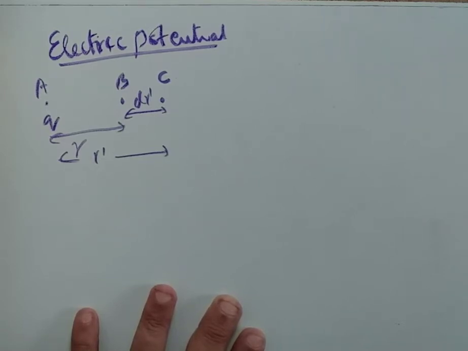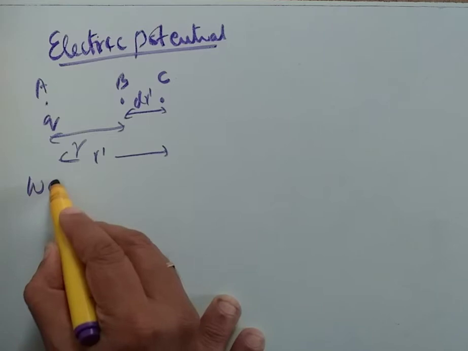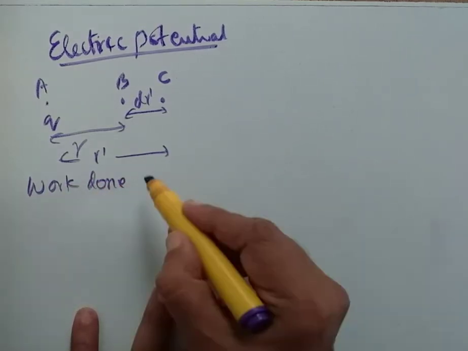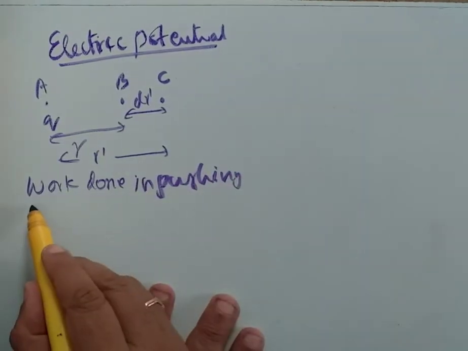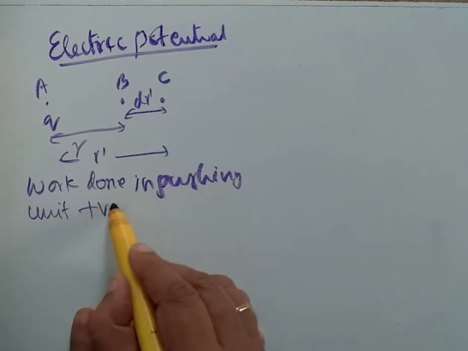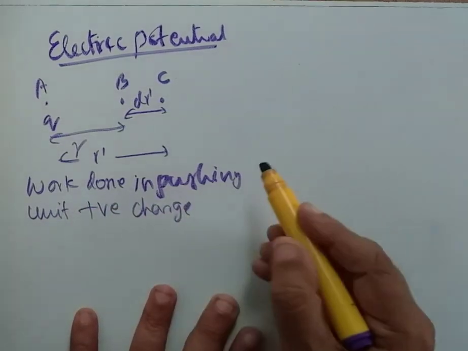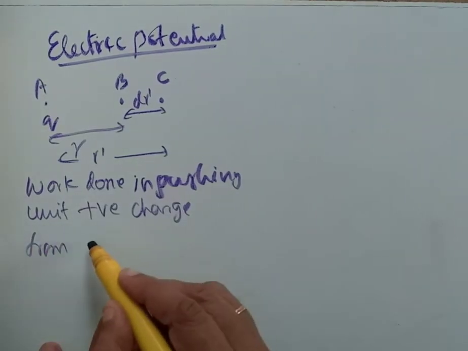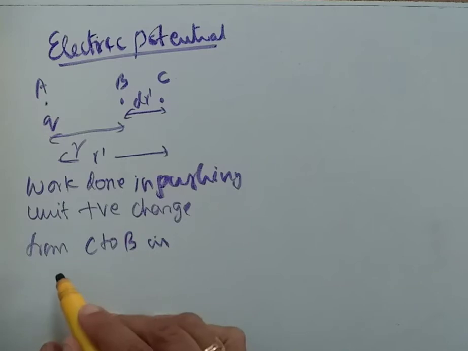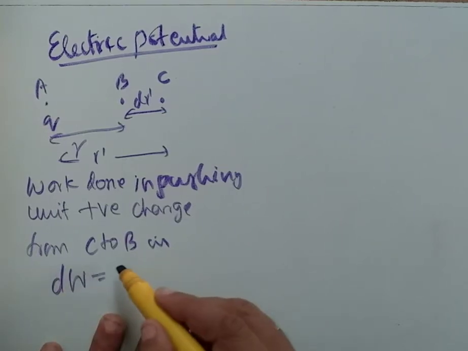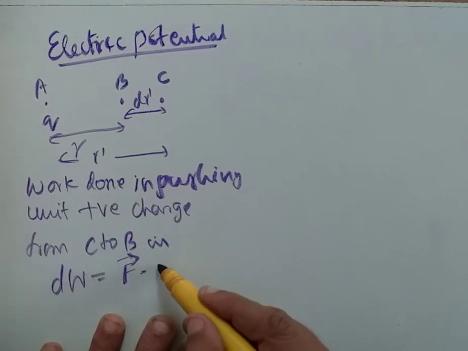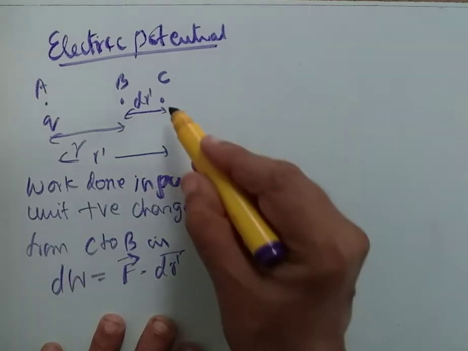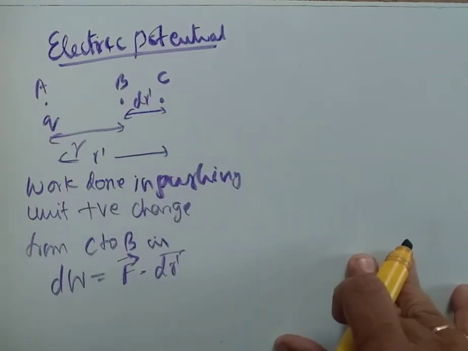from infinity to the given point. Therefore, the work done, just observe, the work done in pushing a unit positive charge from C to B is dW, I write small work done, equal to F dot dr', because dr' is the displacement from C to B, and F is the force applied.